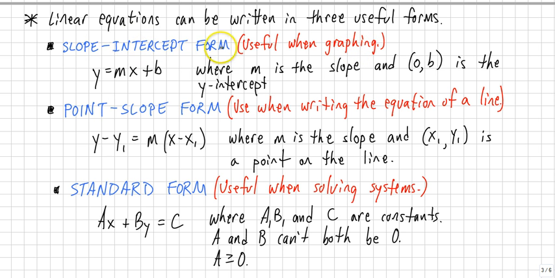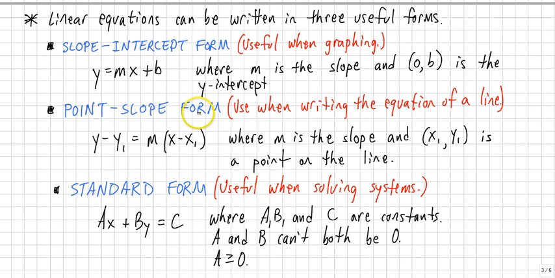It's basically where the equation is solved for y. So if you solve it for y, you'll get some number in front of x plus a constant. The number in front of x we call m, and that's the slope of the line. And that constant at the end is the y-intercept of the line.